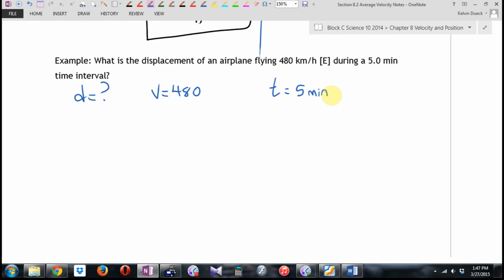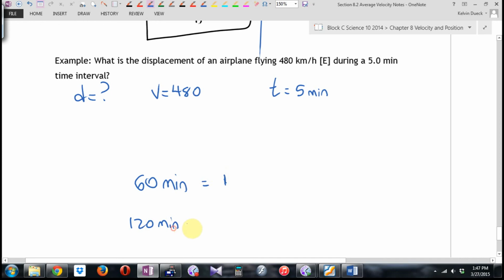Whenever I have to convert units and I don't know what to do, I always go to easier numbers. Let me show you what I mean. Don't write this down, just watch. How many hours? Mathematically, what would you do to change a 60 into a 1, to change 120 into a 2?